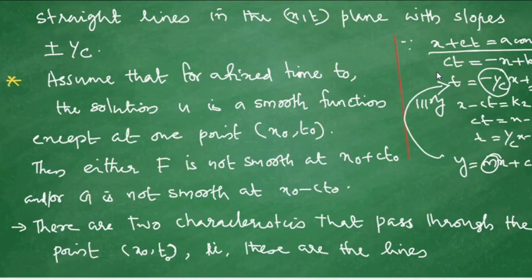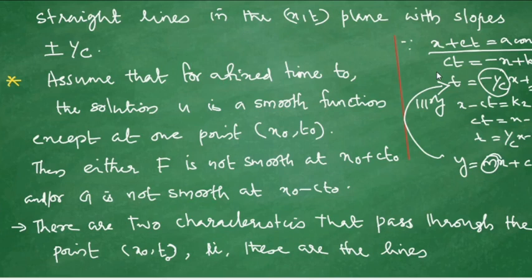And we now discuss an important property of these characteristics. For that, assume that for a fixed time t naught, the solution u is a smooth function except at the point x naught, t naught. That means x naught, t naught is the singularity of the function u.